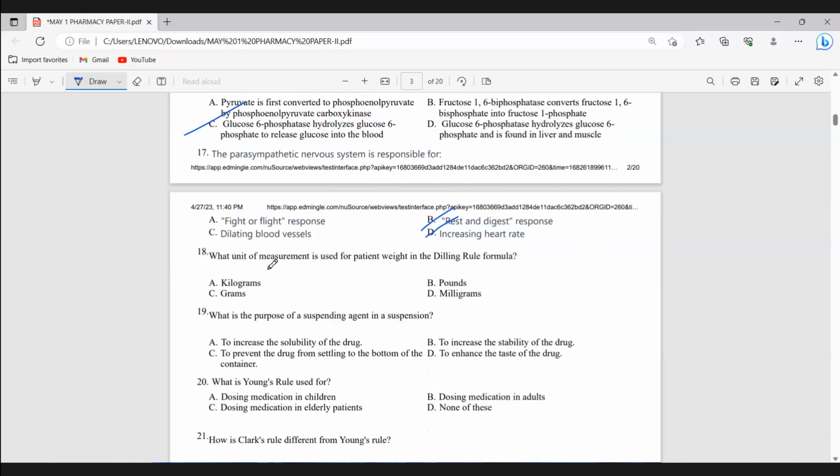Then 18, what is the unit of measurement used for patient weight in Dilling's rule? Dilling's rule uses kilogram, kg.